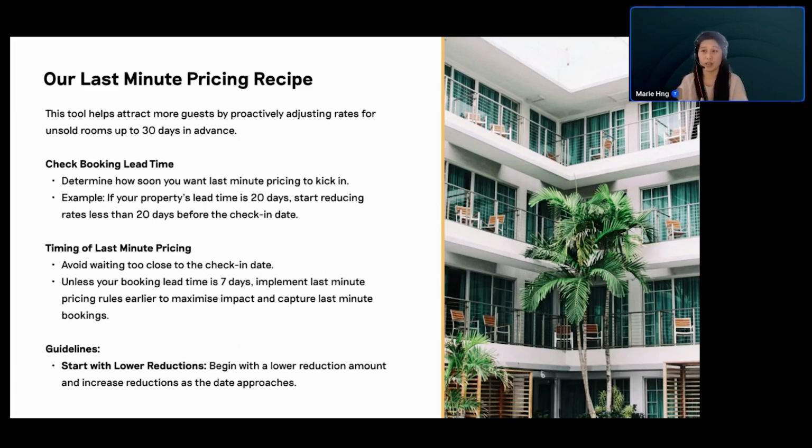But it is that balance as well of making sure that you don't wait too close to a check-in date before you have your last minute pricing kick in. Because ideally we want to capture those last minute bookings, but not too late that people are no longer looking as well. Okay. Now, if you're worried about dropping the rates too soon, what you can do is start with smaller reductions, and then leading up to closer to check-in time, you drop the rates even more. Okay.